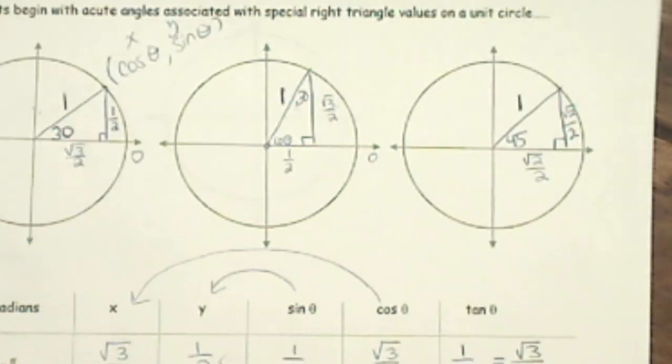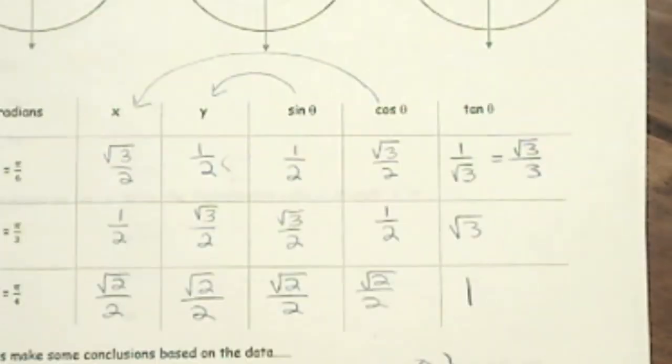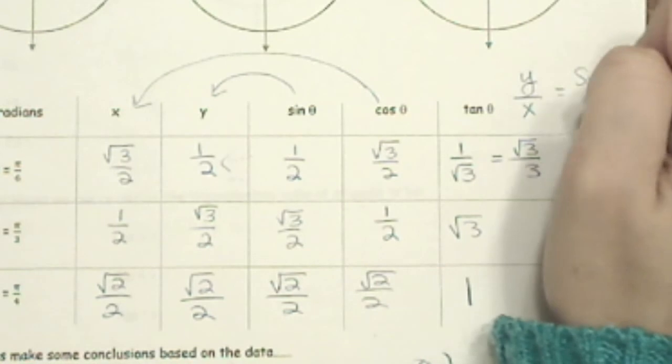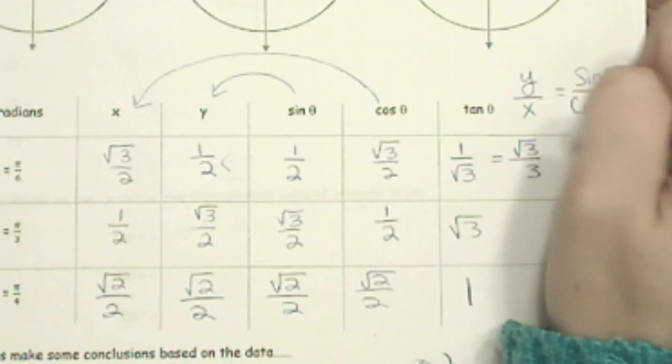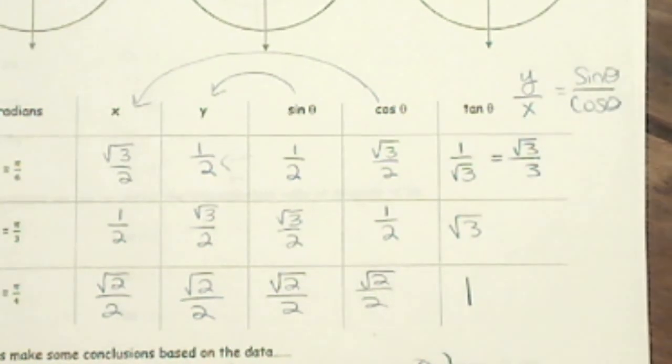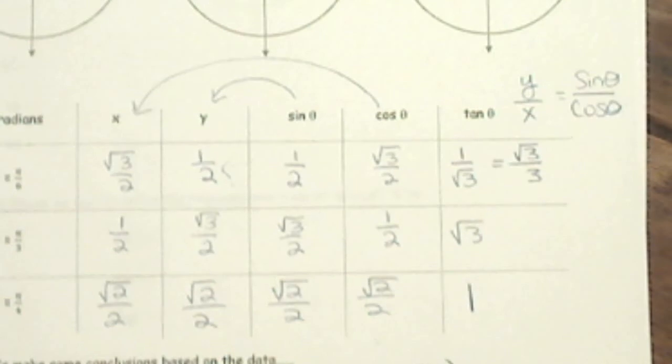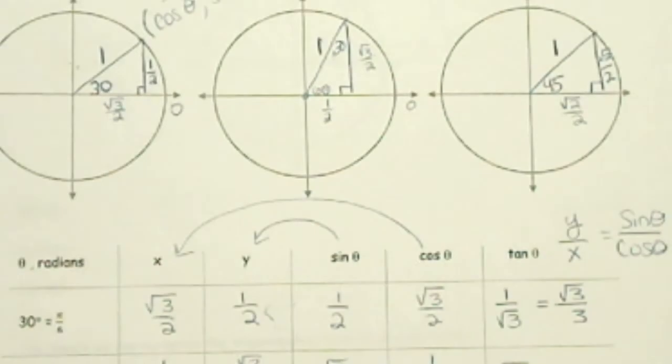Now for the tangent, it's the same as before. We're doing the opposite over the adjacent, or the y divided by the x, which is the sine divided by the cosine, which we previously proved. So let's look at what happens when this is worked on with an angle which is not exactly a special right triangle value.